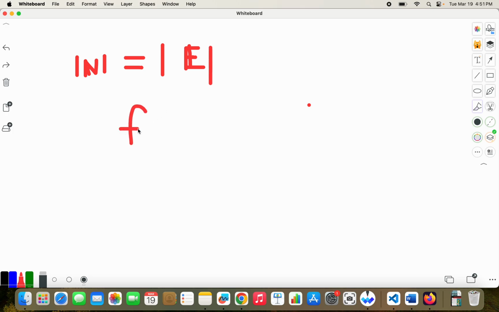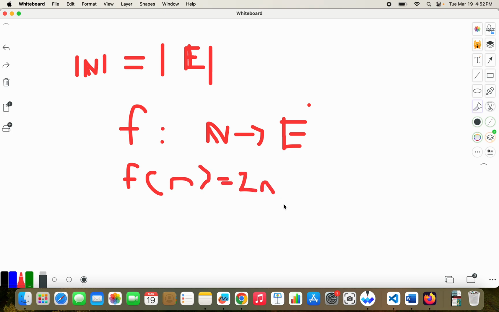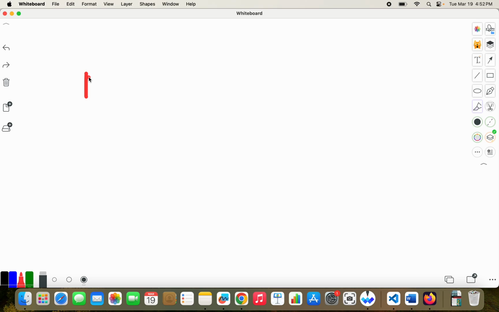So we want to show this. Let the function f from N to the even numbers, we choose this function to be f(n) = 2n, where n is in N. We first show f is 1 to 1, i.e. if f(n1) equals f(n2), then n1 equals n2.